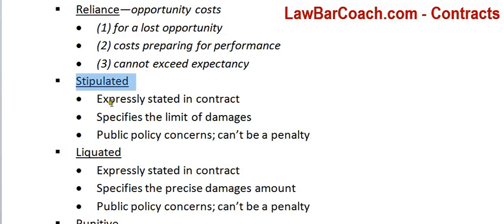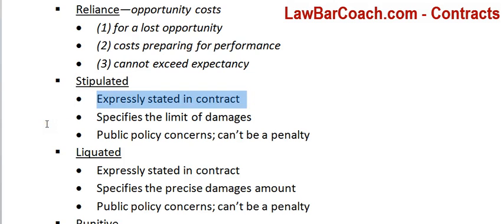Stipulated damages, or when the damages are expressly stated in the contract. If you fail to deliver corn, you owe me $500 in damages. Now, what's hard here is liquidated damages are technically a type of stipulated damages because stipulated just means that it's expressly written in the contract.